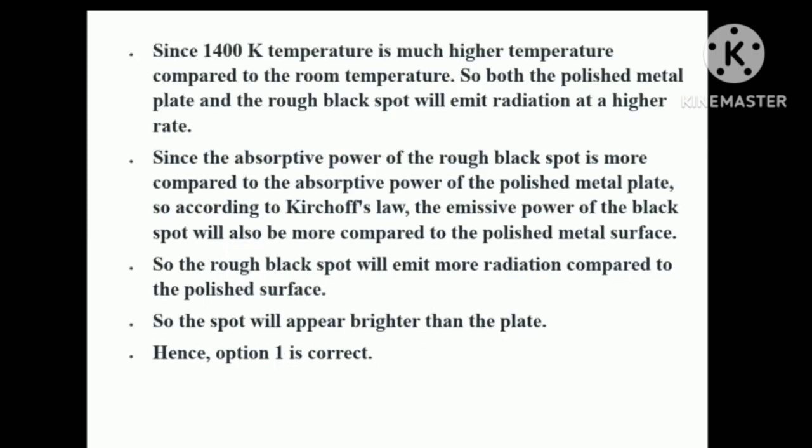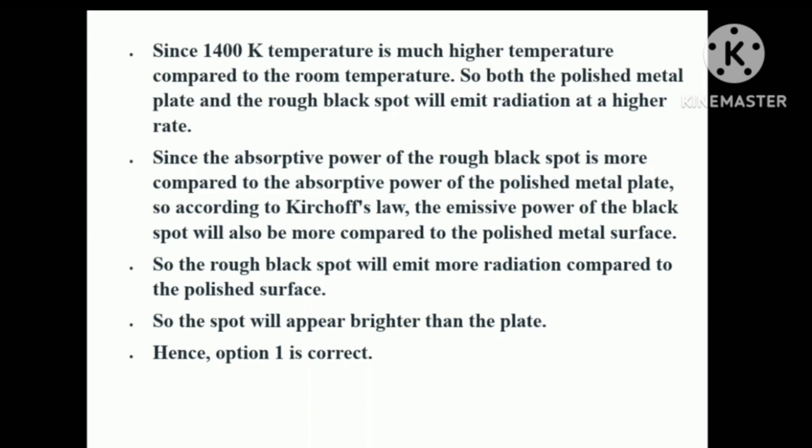Since 1400 Kelvin is a much higher temperature compared to the room temperature, both the polished metal plate and the rough black spot will emit radiation at a higher rate. Since the absorptive power of the rough black spot is more compared to the absorptive power of the polished metal plate, according to Kirchhoff's law, the emissive power of the black spot will also be more compared to the polished metal surface.